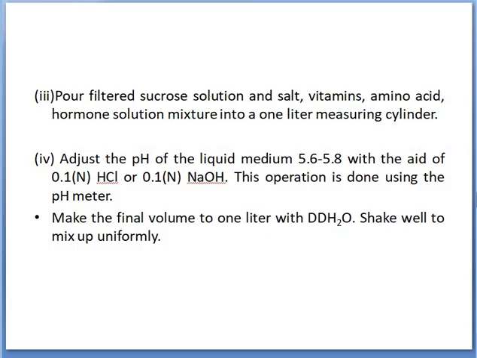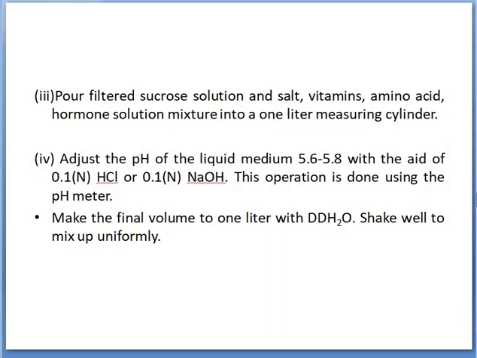Then the pH of the liquid medium is adjusted to 5.6 to 5.8 with the help of 0.1 normal HCl or 0.1 normal NaOH. The operation is preferably done using a pH meter. Once the pH is brought to 5.6 to 5.8, the final volume is made up to 1 liter using double distilled water.